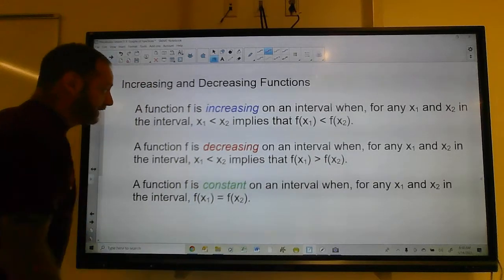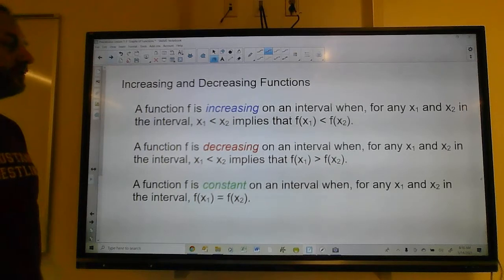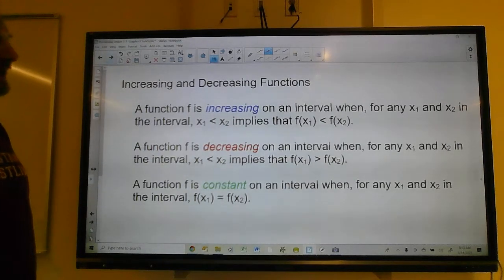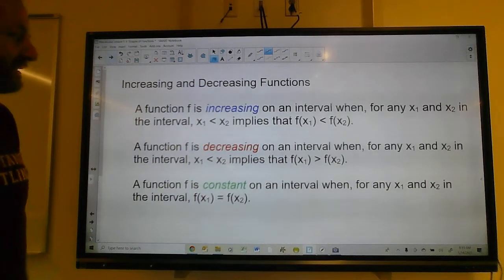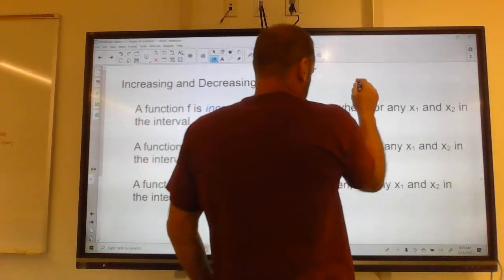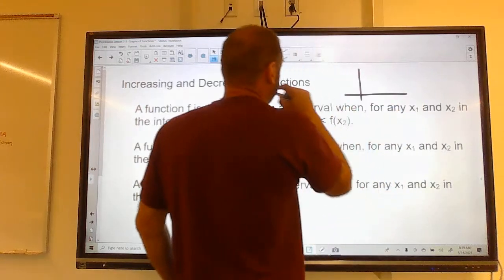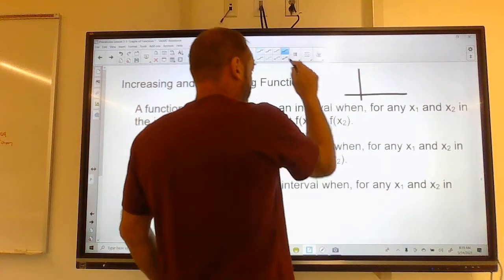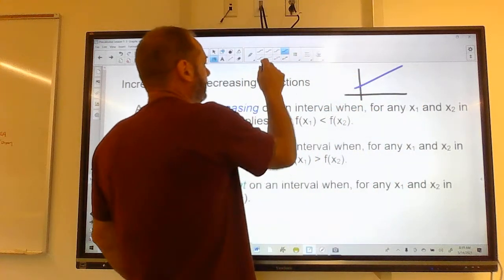Okay, increasing and decreasing functions. So a function f is increasing on an interval when for any x1 and x2 in the interval, x1 is less than x2 implies that f of x1 is less than f of x2. All right, if I do a graph of something that makes this really obvious. So an increasing function obviously looks like this, okay?